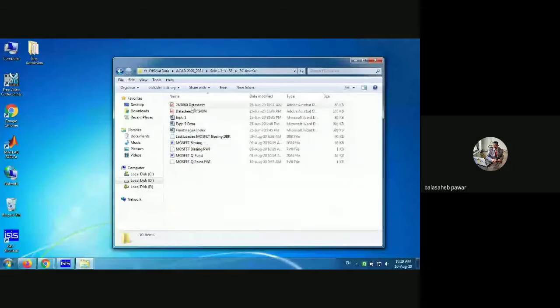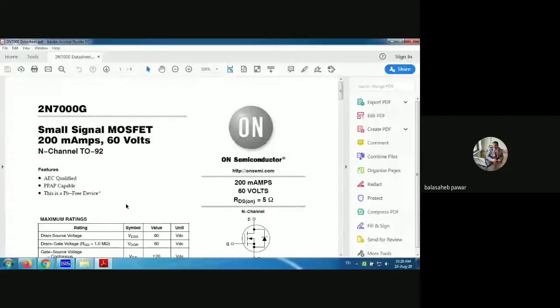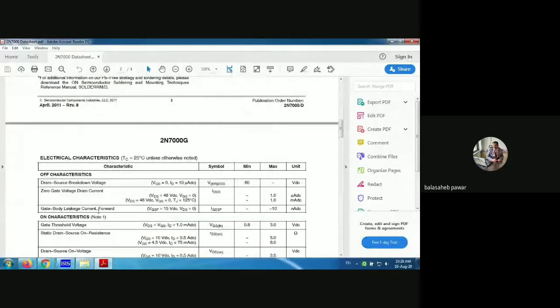So see, this is the data sheet of the same transistor, right? When you check its electrical characteristics, see, here it is mentioned gate threshold voltage. Is it visible to all? In the characteristics, this first row, gate threshold voltage, which is VGS(th), or it can also be shown as VT.